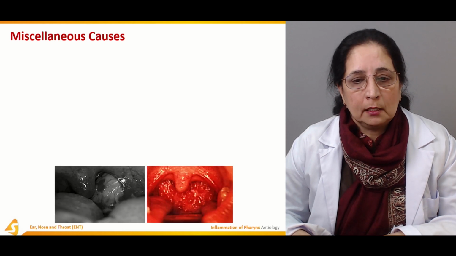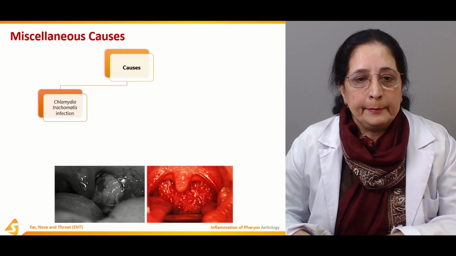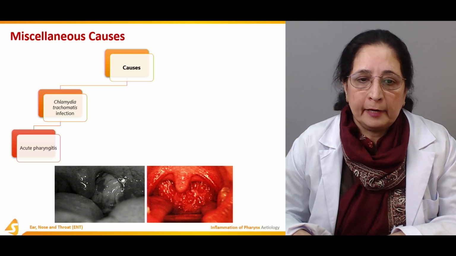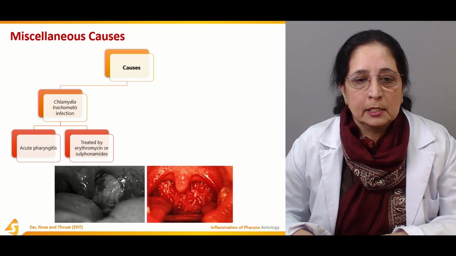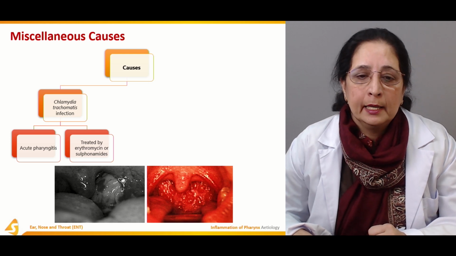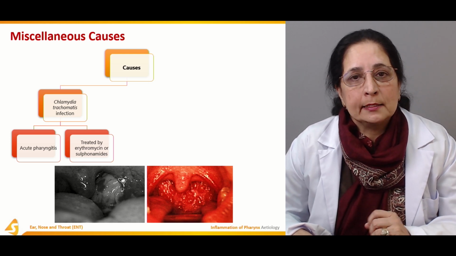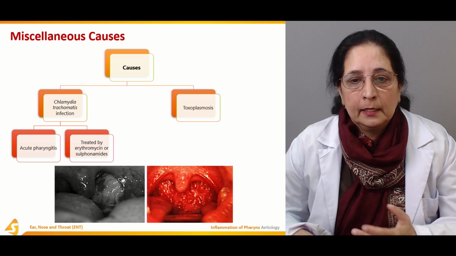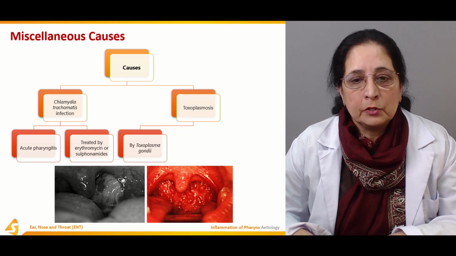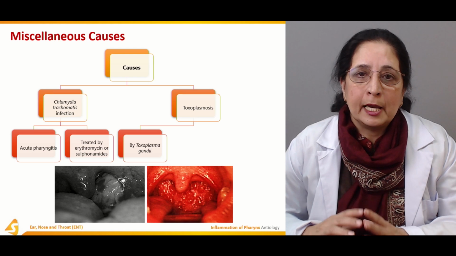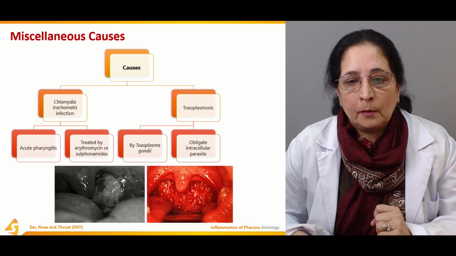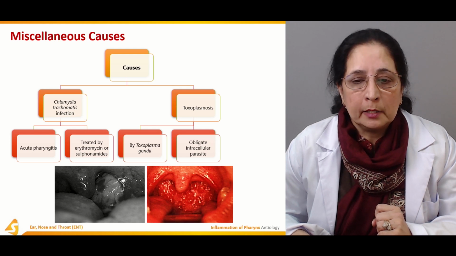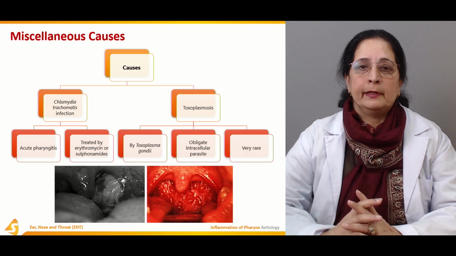Miscellaneous causes are the chlamydia trachomatis infection, which causes acute pharyngitis, and it is treated by erythromycin and sulfonamides. Then we have toxoplasmosis infection, which is caused by Toxoplasma gondii, an obligate intracellular parasite, and it's very rare.